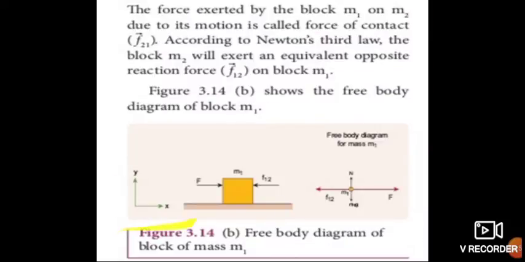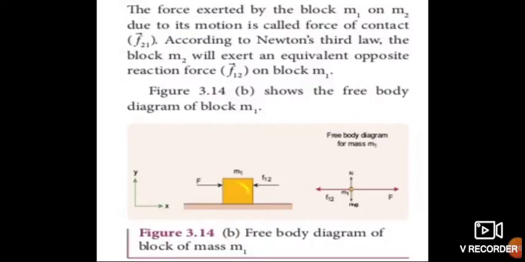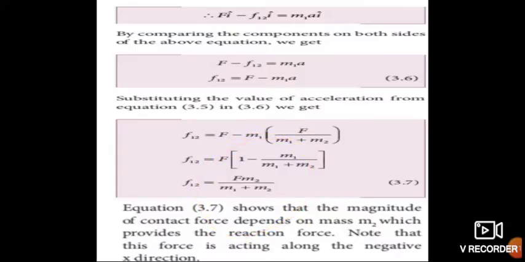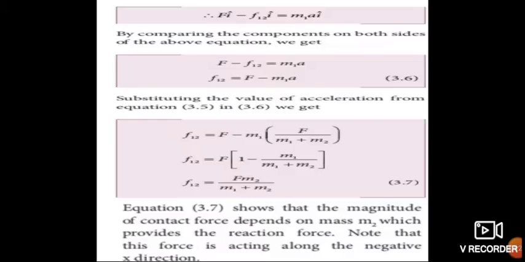So we draw the free body diagram for this. Along the x-axis the force F is acting, and opposite to the x-axis the force F12 is acting. Already you know that the gravitational force is acting in the downward direction and the normal force is acting in the upward direction. So for this body there are four kinds of forces acting.